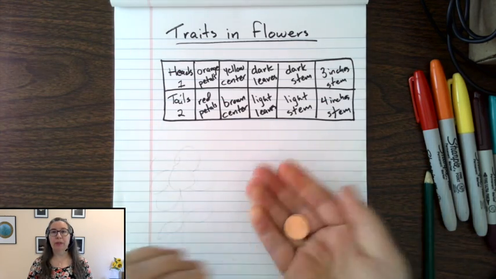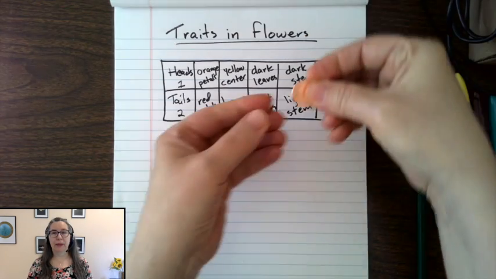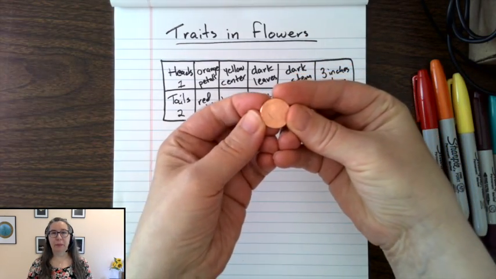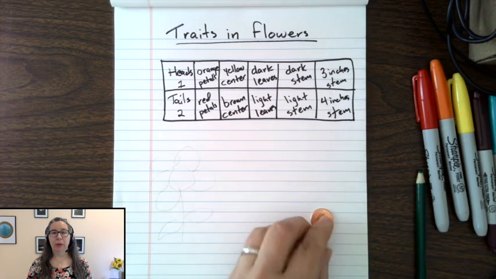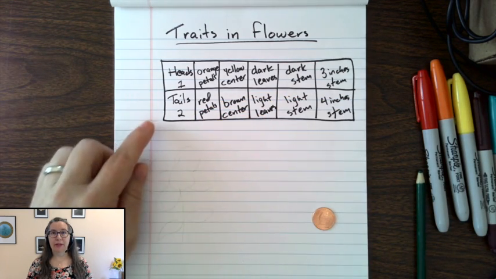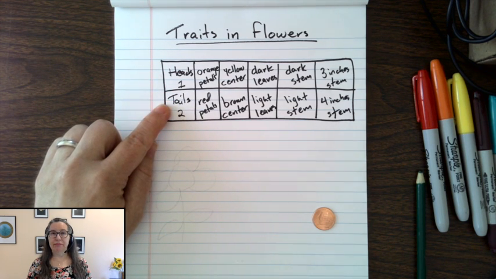The first coin flip will tell us what color the petals will be. So I check my table. Tails means my flower will get red petals. So I get my red marker and I draw my petals in red.